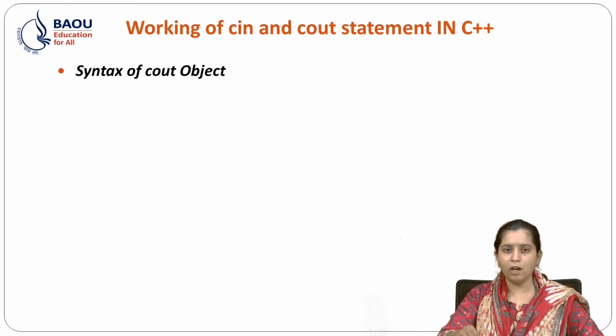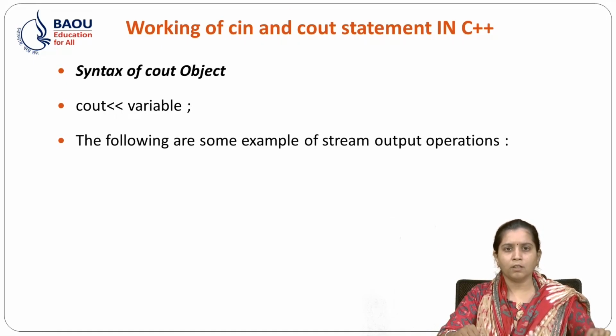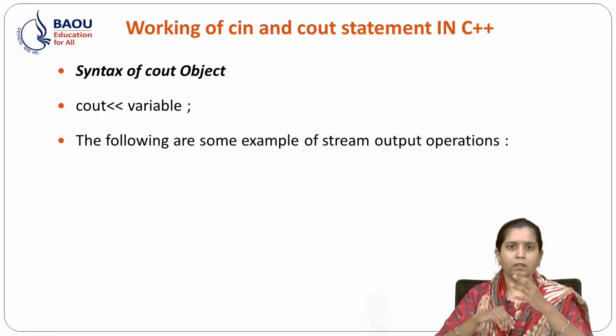Now the cout object syntax. First cout, then insertion operator, and then variable name. Cout, the output stream, allows performing write operations on output devices such as monitor, disk, etc. Output on the standard stream is performed using the cout object.